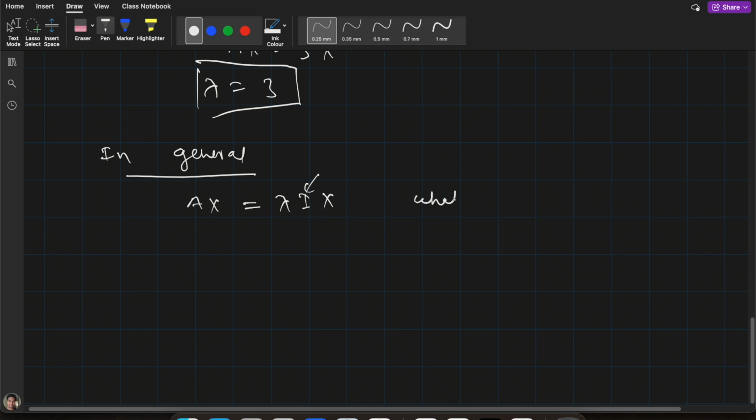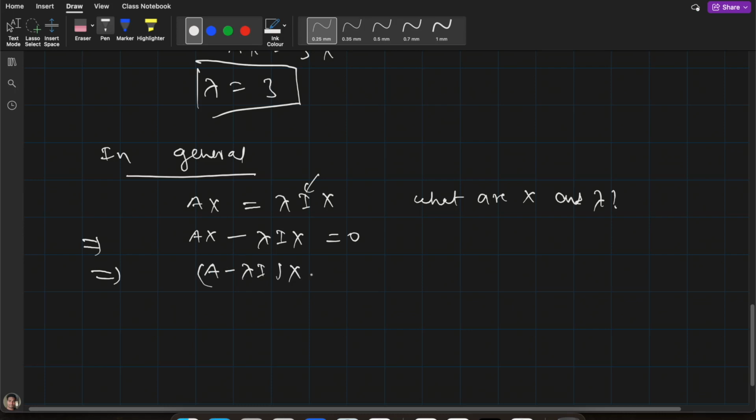So the question is, what are x and lambda? What I will do is move the right-hand side to the left-hand side and equate it to 0. So you can see that it is nothing but (A minus lambda I) times x equal to 0.